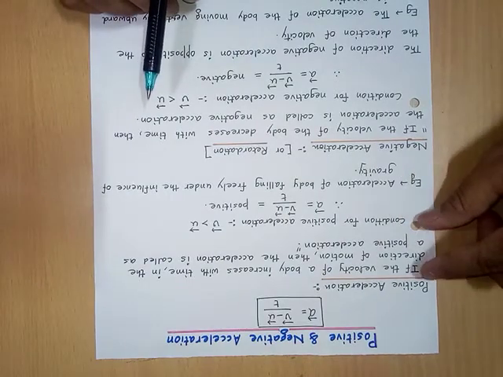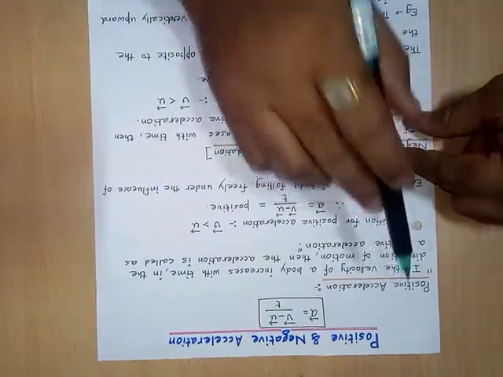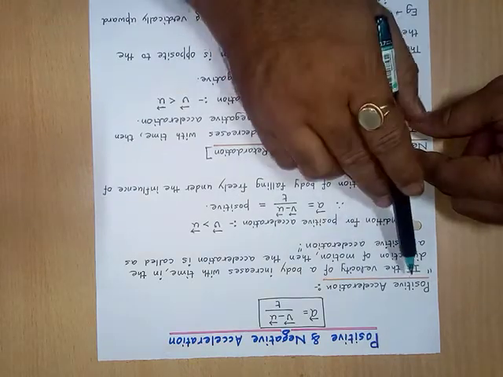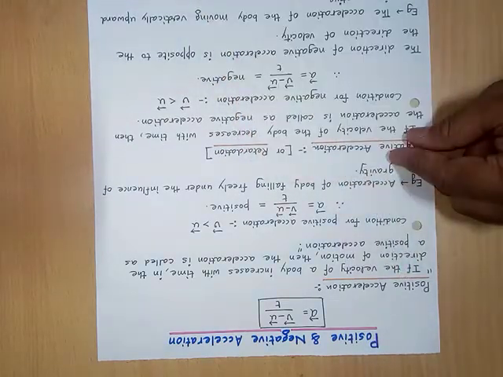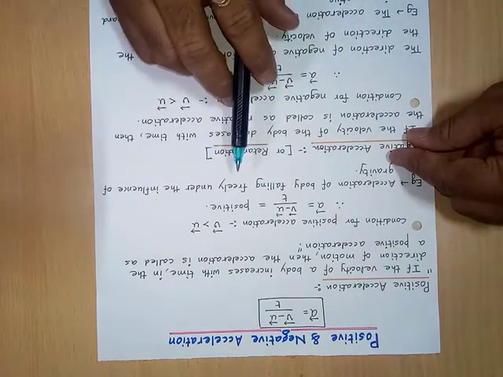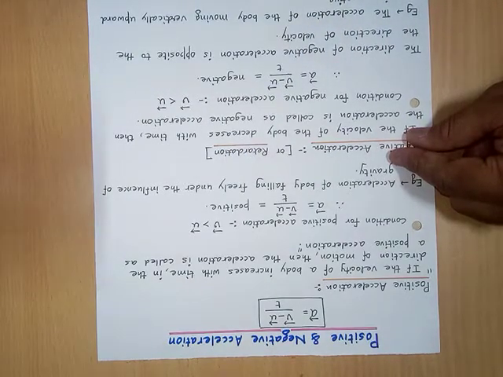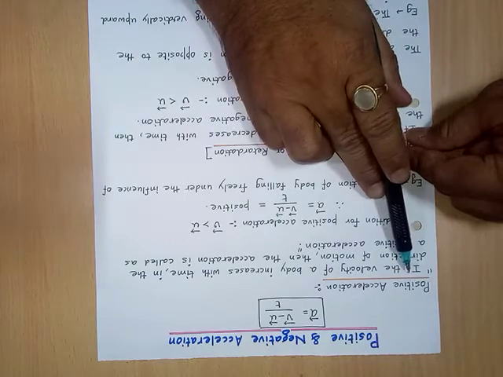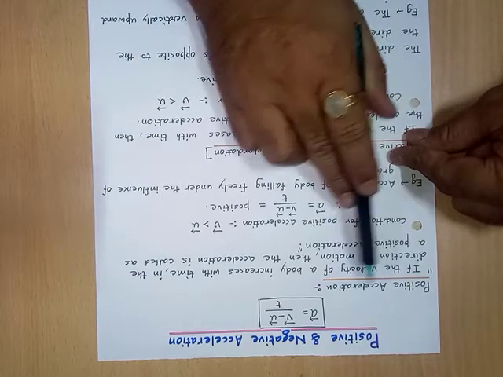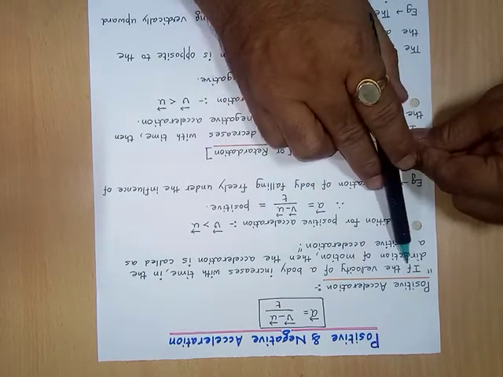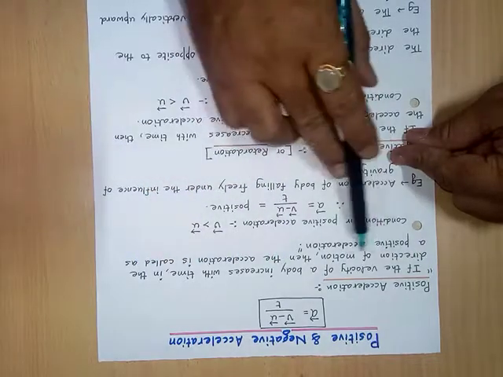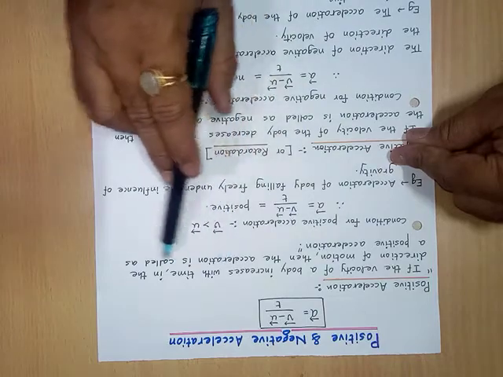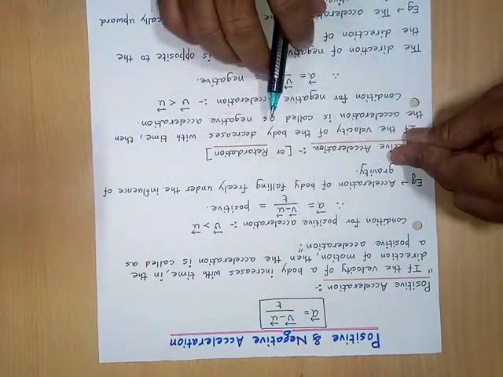Let us first try to understand what is called positive acceleration. This positive word associated with acceleration tells us about the direction in which the motion of an object accelerates. If the velocity of the body increases with time in the direction of the motion, then the acceleration is called positive acceleration.